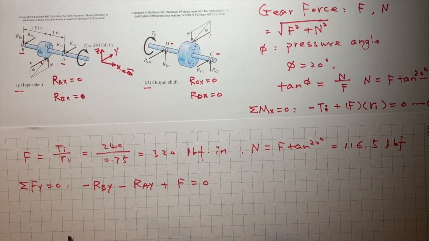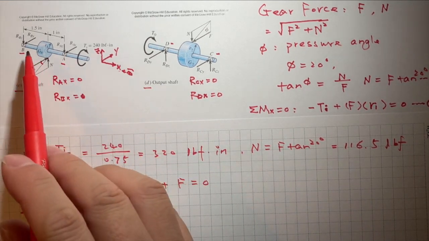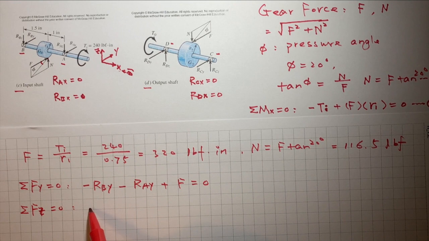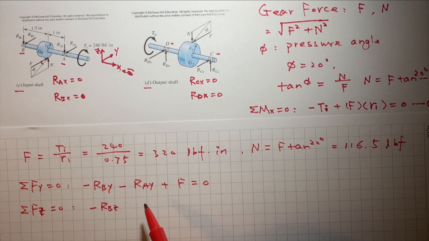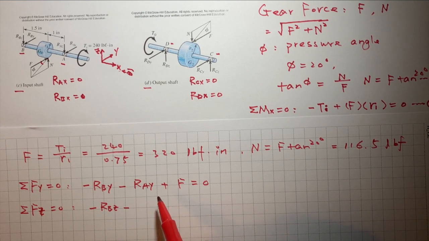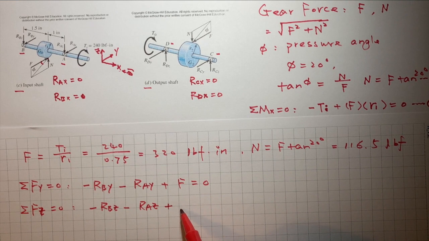So this is the first equation. Also, force balance in the z direction. In the z direction we have minus RBZ, minus RAZ, downward, and plus N. N is going up, so this is positive.